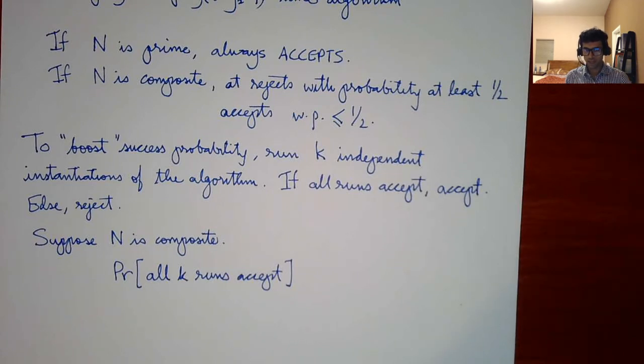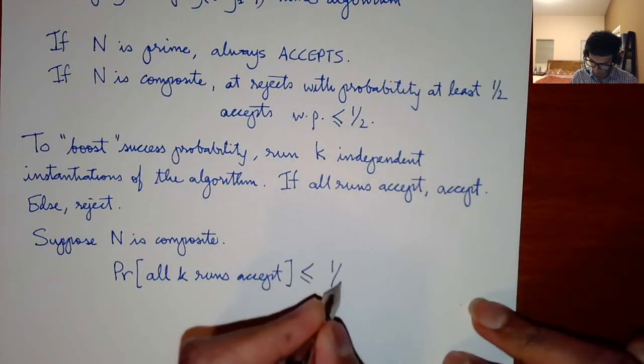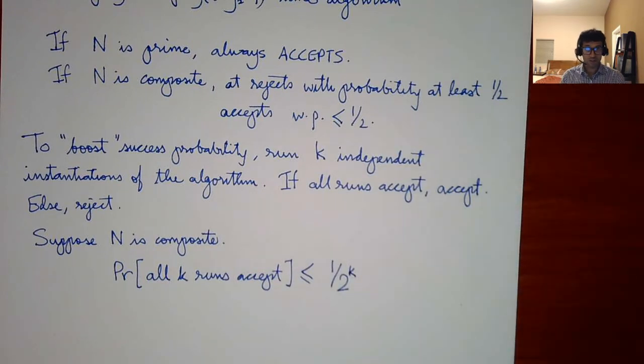Each run accepts with probability at most a half. And you did k independent instantiations. What is the probability that all of them accept? Is it 1/2 to the k? 1/2 to the k. So it's 1 divided by 2 to the k. So you see that the error goes down exponentially.